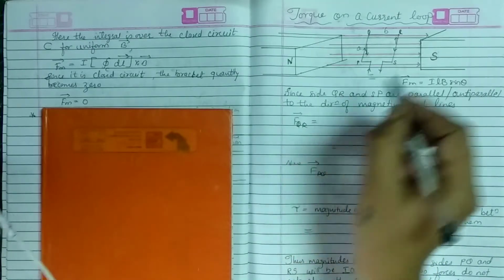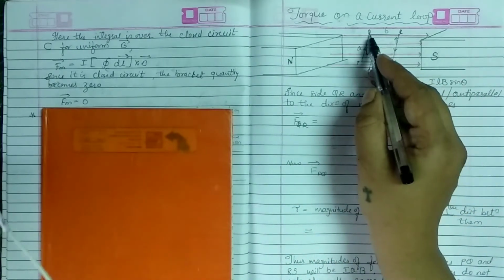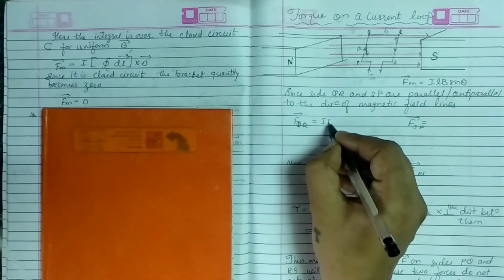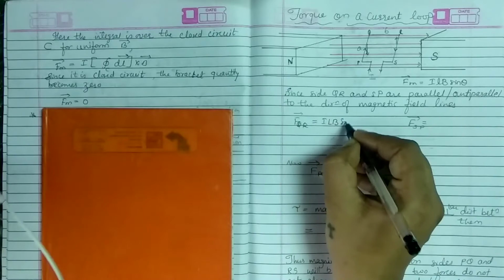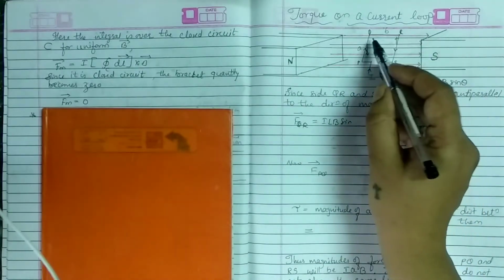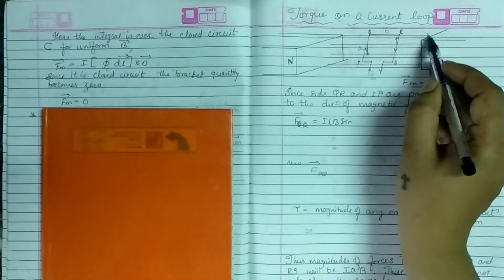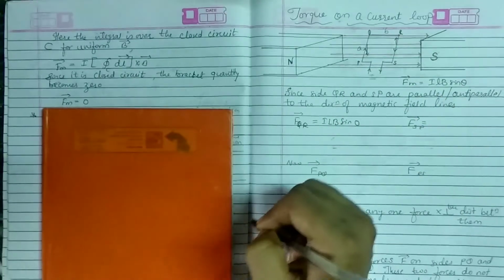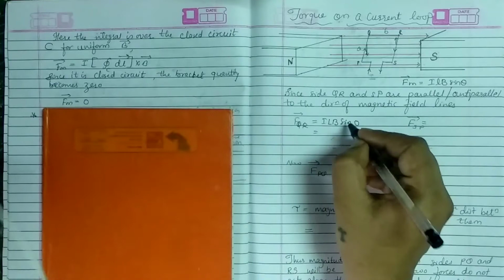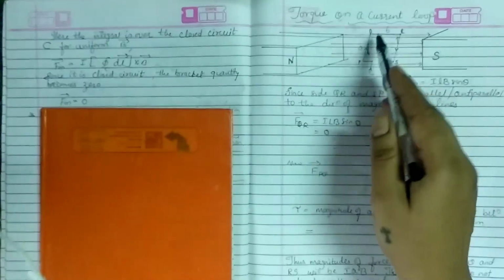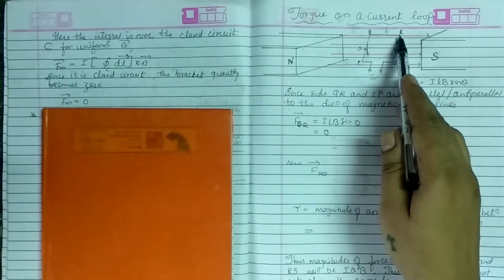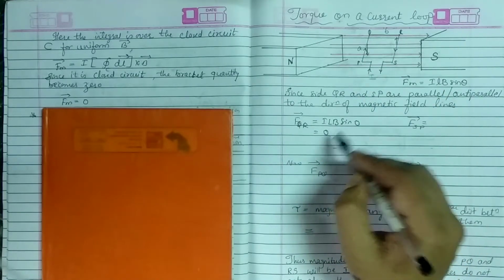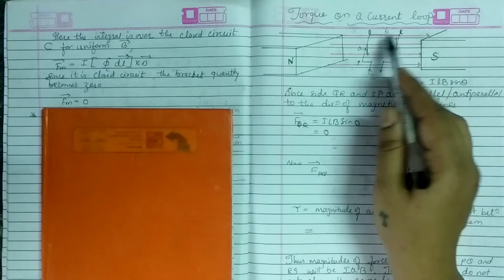If I consider the side QR, the force is ILB sine theta, where the field and QR are in the same direction, so it is sine 0. Sine 0 is 0, and 0 into anything is 0. So the magnetic force on the side QR is 0, meaning no force is applied on this side.